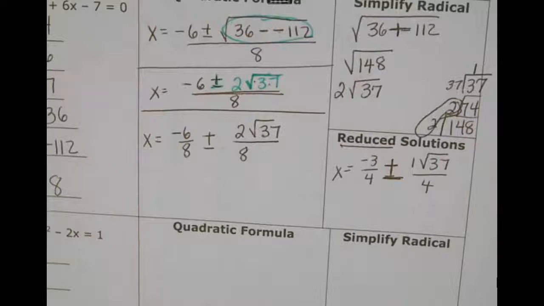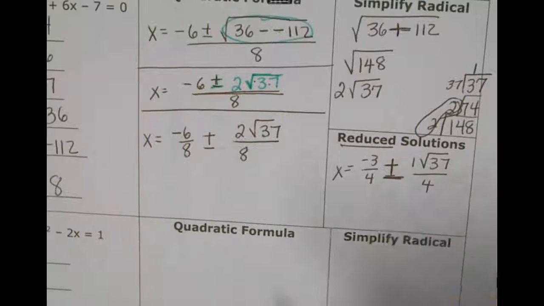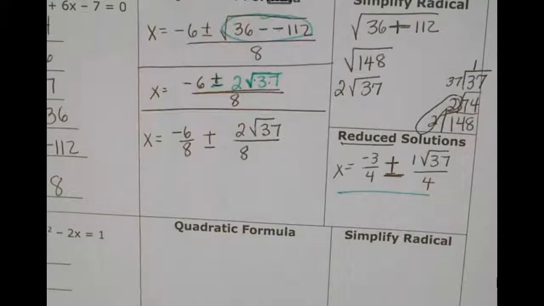No. That's as far as you can go. The only other thing you could do is decimalize it if you wanted an approximate answer. But we want to leave it in an exact answer.